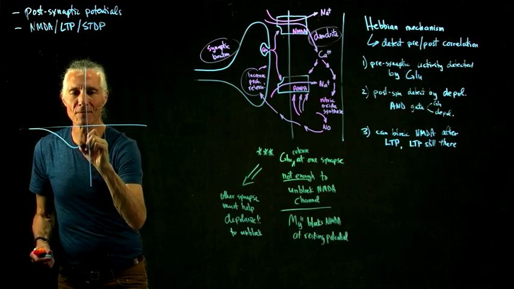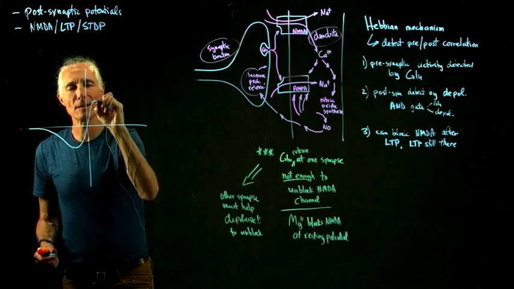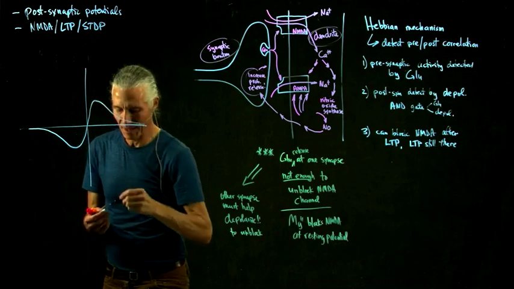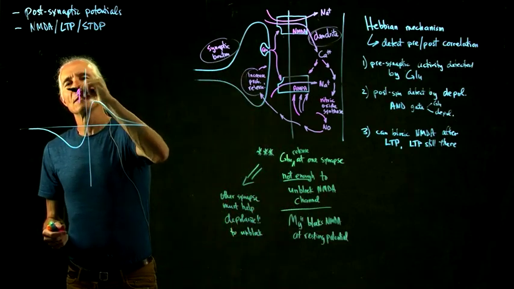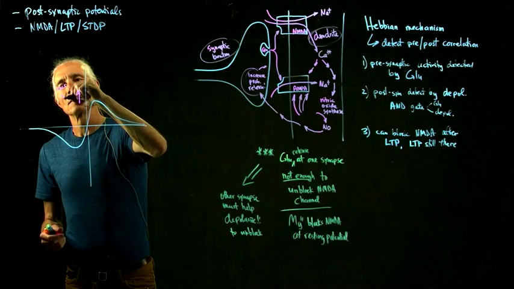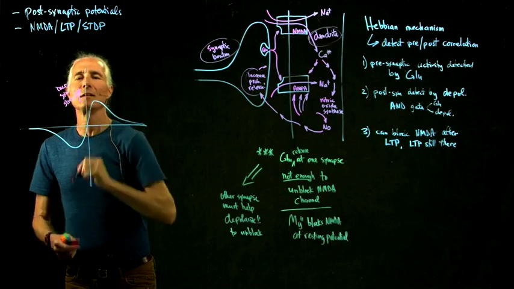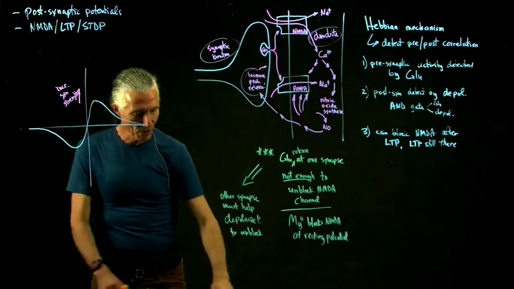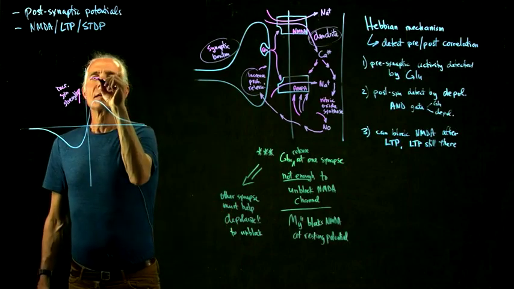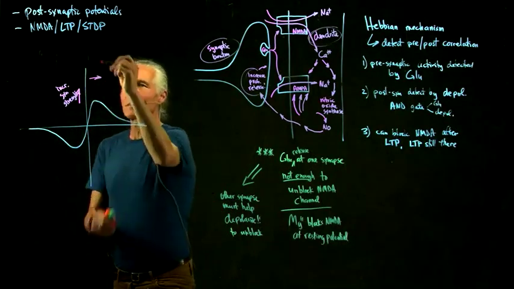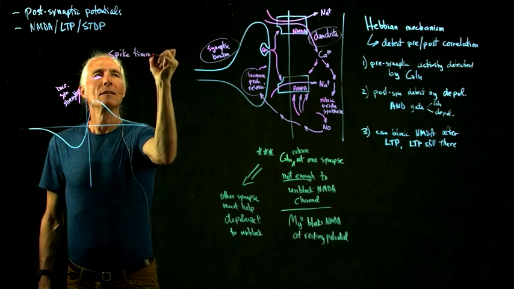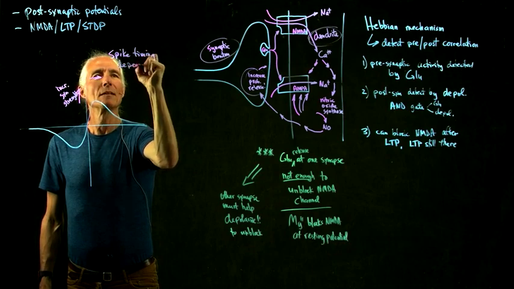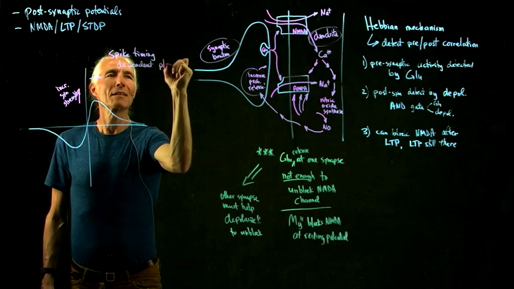So what I'm graphing is the amount of synaptic strengthening or weakening. And this is increased synaptic strength. It turns out this thing is called spike timing dependent plasticity.